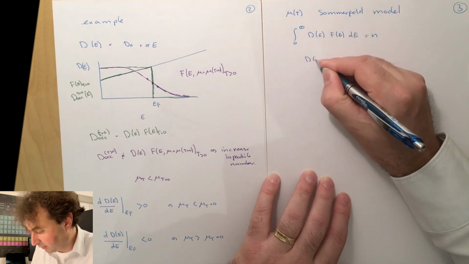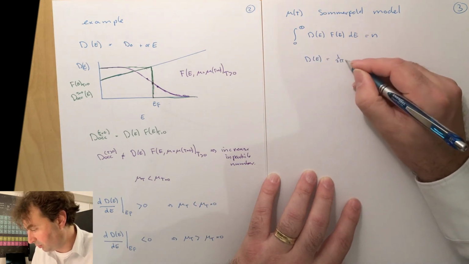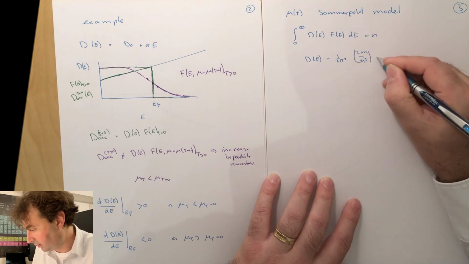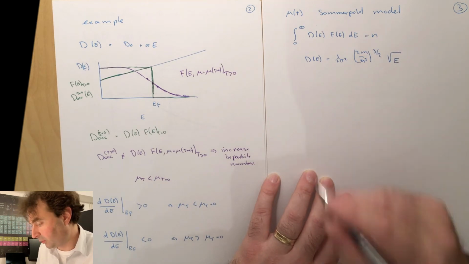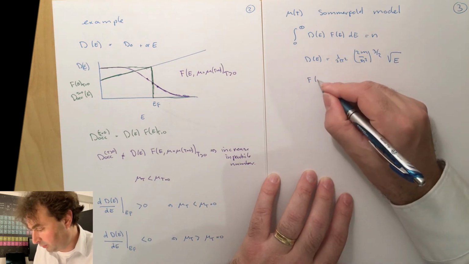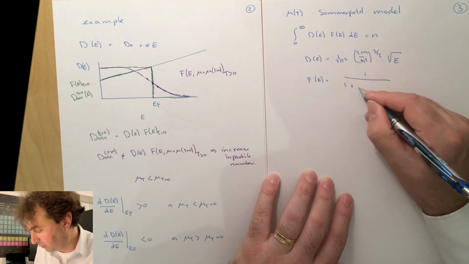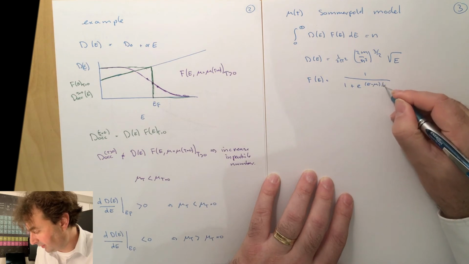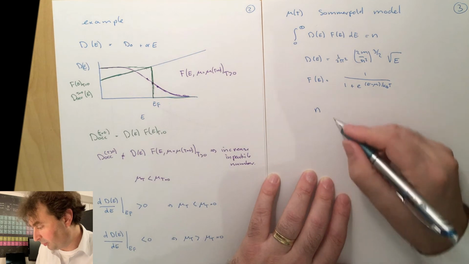We have our density of states, which is a normalization 2m over h bar squared to the power 3/2 times the square root of the energy, the Fermi function that we've seen before, 1 over 1 plus e to the power (E minus mu) divided by k Boltzmann T, and the number of particles.